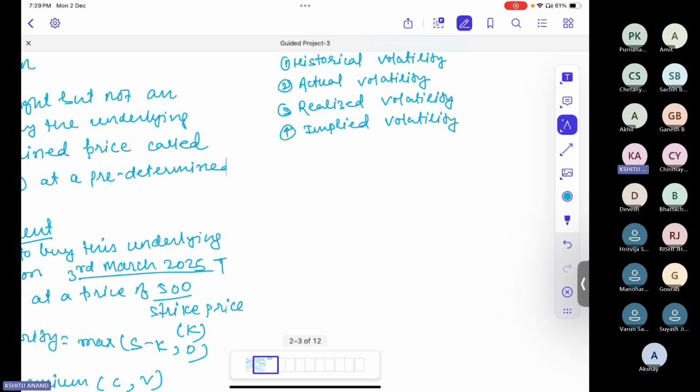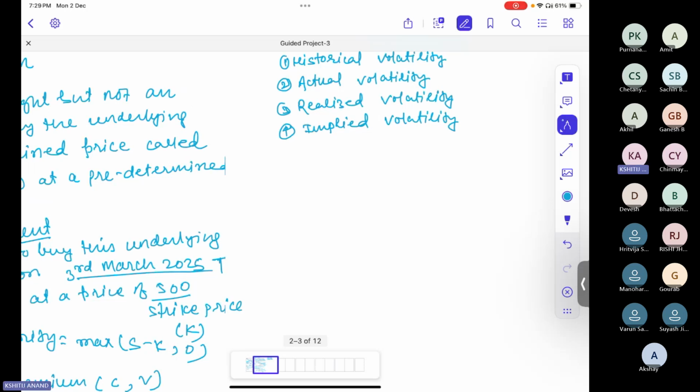Realized volatility is like this: try to understand, if you are pricing this option at this time instant, and you say that sigma will be something, let us say you entered sigma equal to 15% volatility.